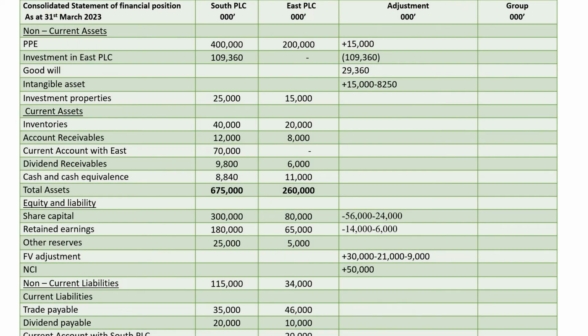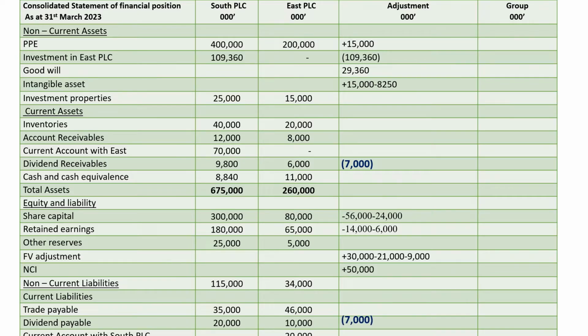We know that from the dividends given by East PLC, 70% is for South PLC, the parent. Therefore, from the dividend receivables, we are going to remove the dividend receivable from East PLC. Then, under the dividend payable, we are going to remove that portion as well.